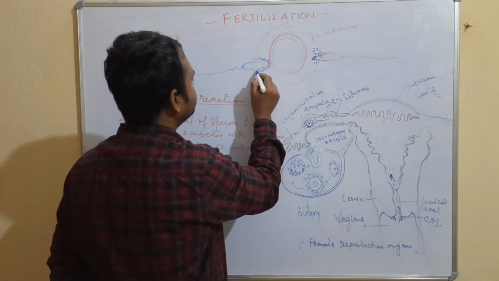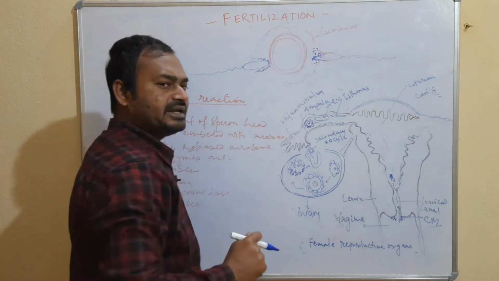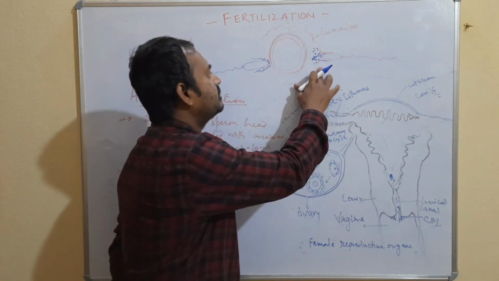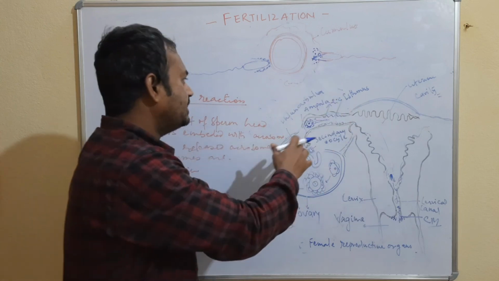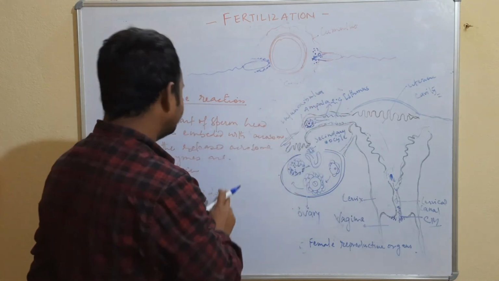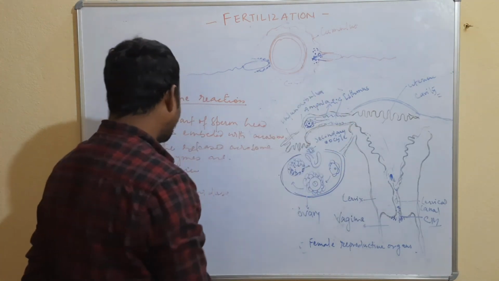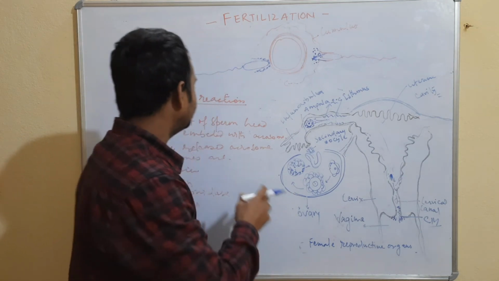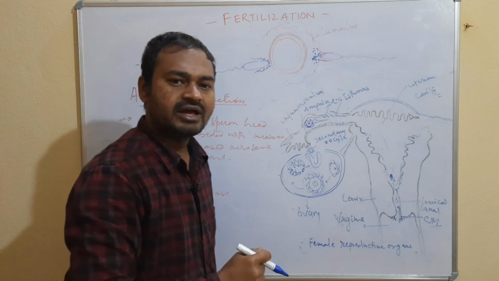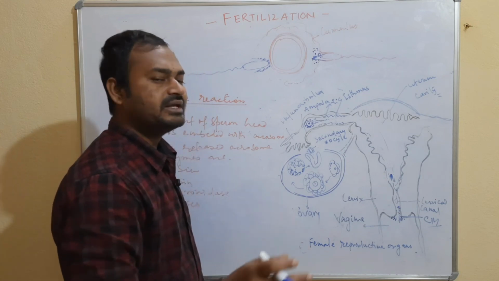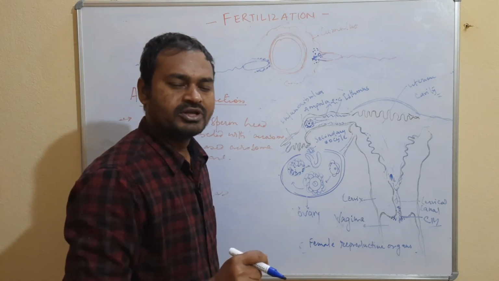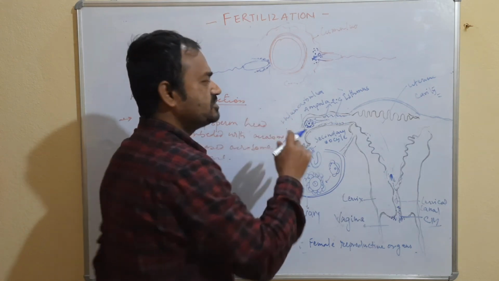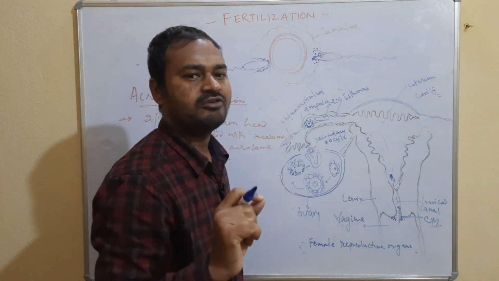After it interacts with the layer of the cumulus, it degrades the cumulus layer. In the acrosome, there is another protein called Izumo, which is expressed over the head of the sperm.